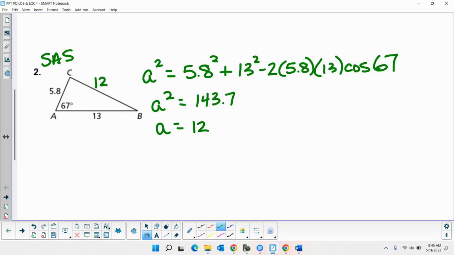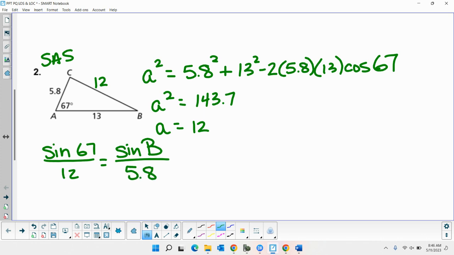B, because it is smaller. Whenever we go from law of cosines to law of sines, find the smaller one. So we're going to go sine of 67 over 12, the 12 we just found, and then sine of B, because it's smaller, over 5.8. Does everybody know why B is smaller?